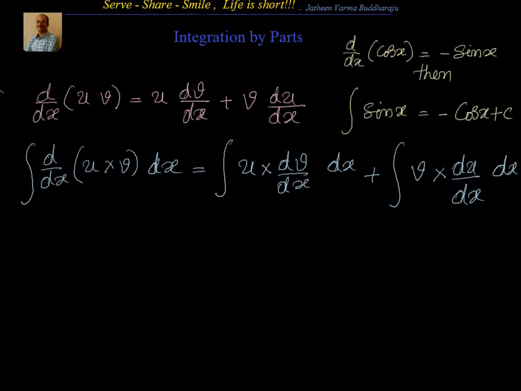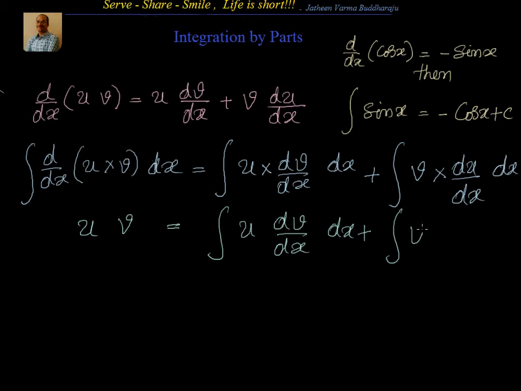Now we know that whenever we apply integration on top of differentiation, they cancel each other out. So we will have u into v is equal to the integral of u dv by dx plus the integral of v du by dx.